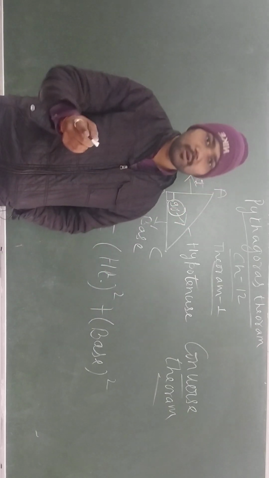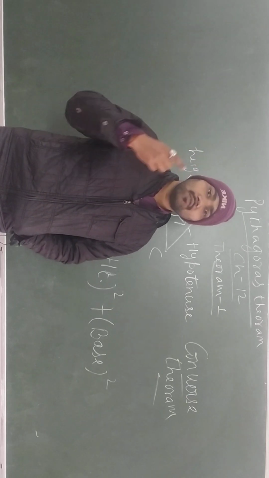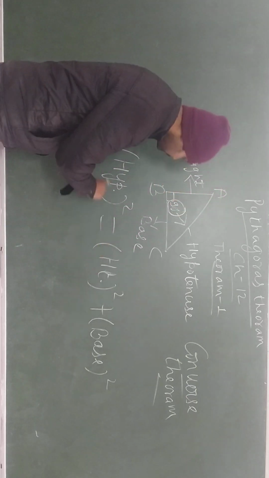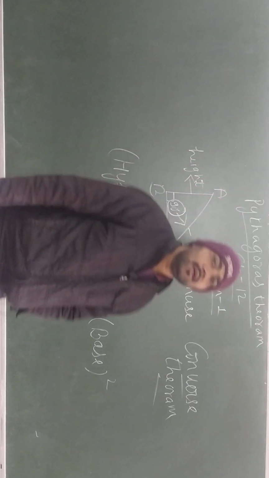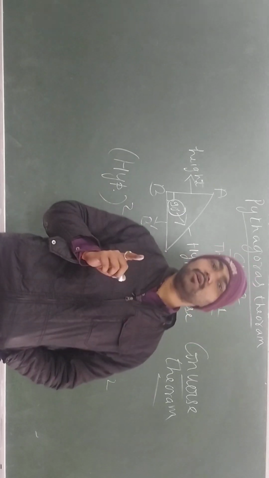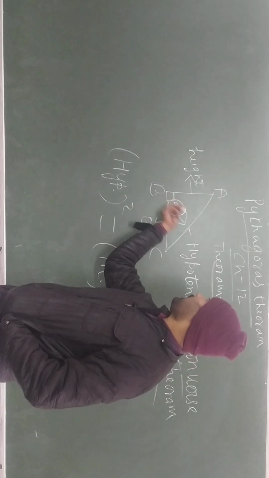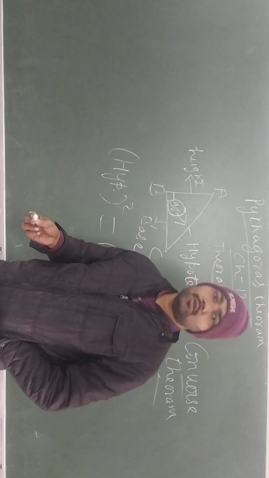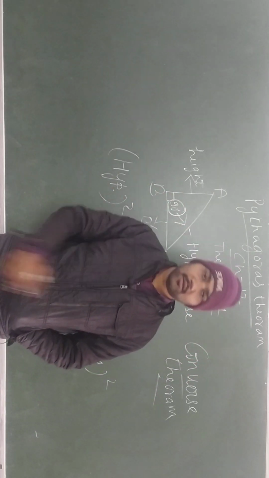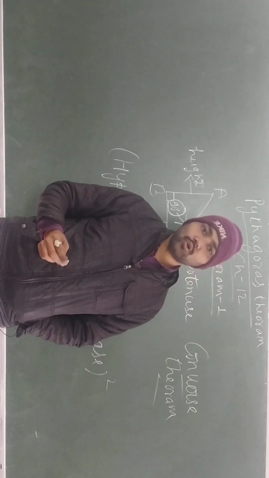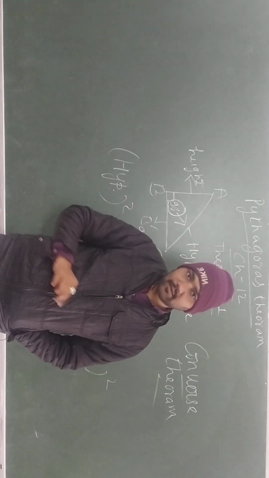This is theorem 1. And the converse theorem says that if this condition is fulfilled, that means hypotenuse square is equal to perpendicular square plus base square, then the angle opposite to the hypotenuse will be a right angle. Okay, so with these two theorems we will begin the exercise, right?